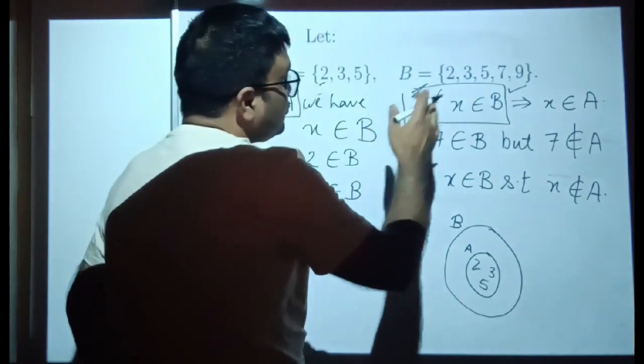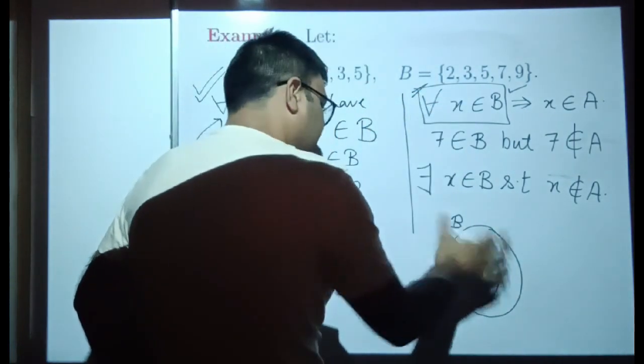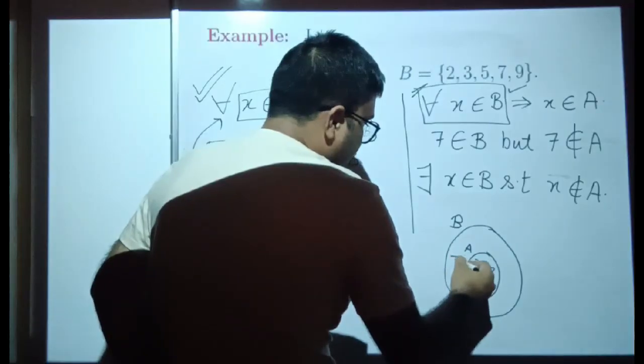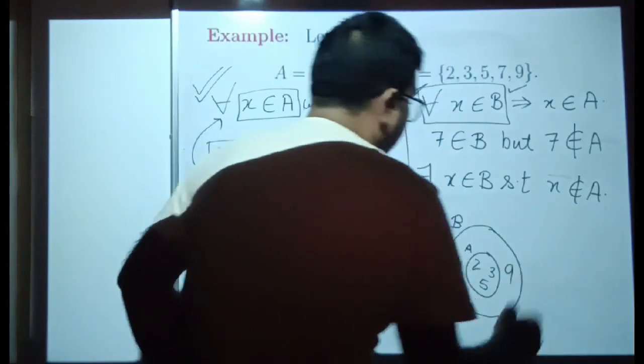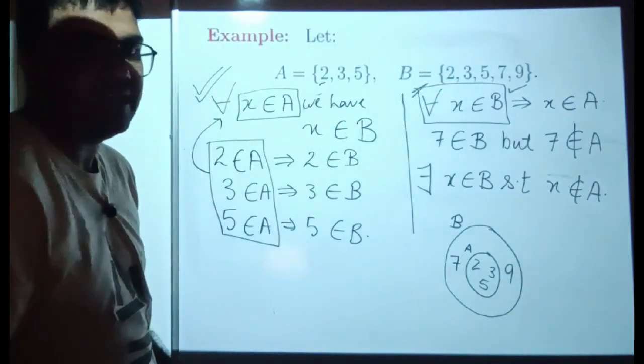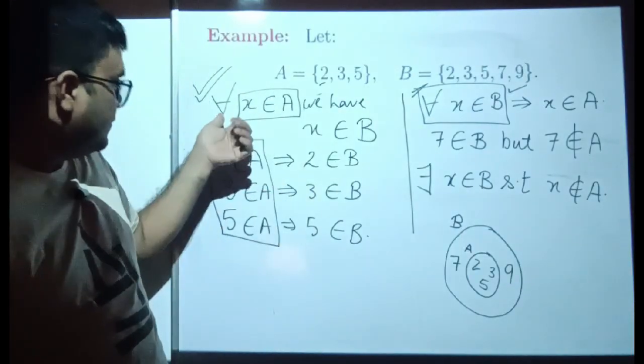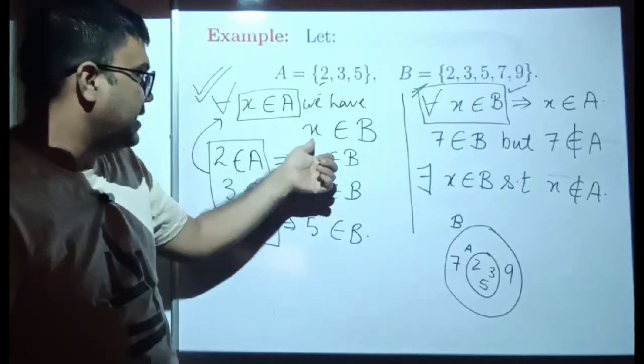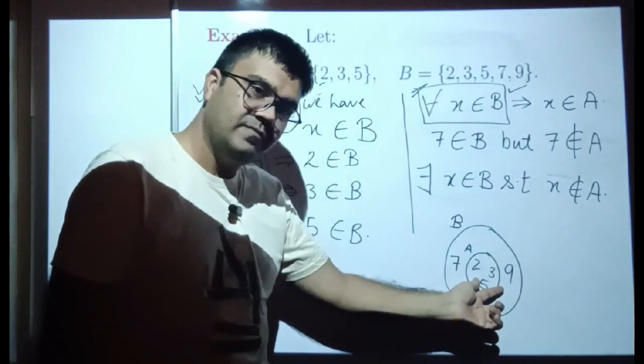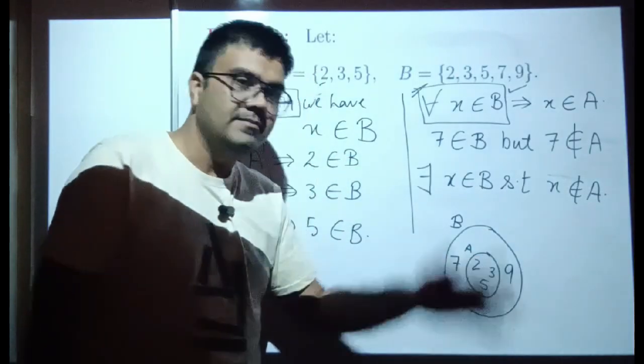B has elements 2, 3, 5, which are inside B, and further it has elements 7 and 9. So from this, for all x belongs to A, x belongs to B. If the element is in A, then it is in B.